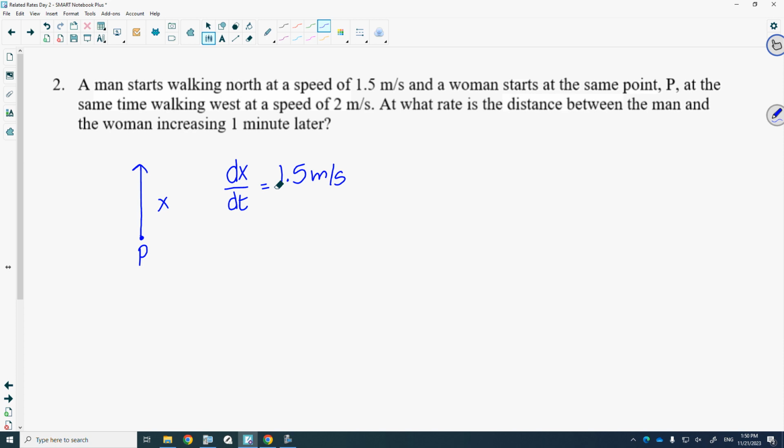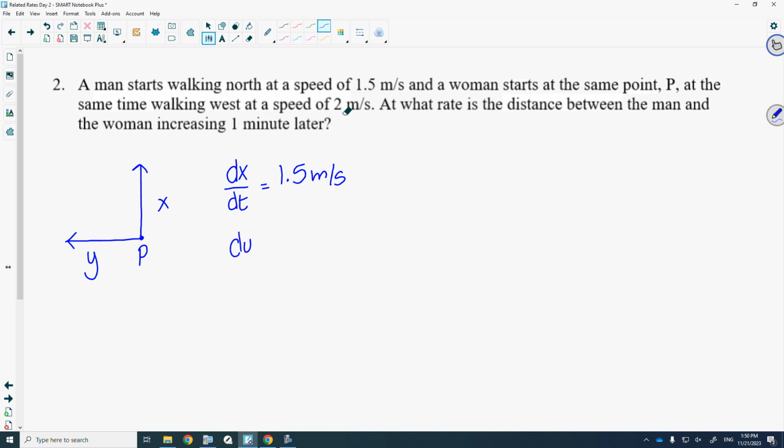At the same time, a woman starts at the same point P. At the same time, she walks west. So now draw an arrow going west. So she's walking in this direction. Let's call her distance y. And it says that she's going faster. She's walking at a speed of 2 meters per second.